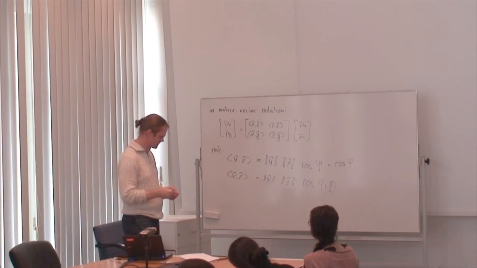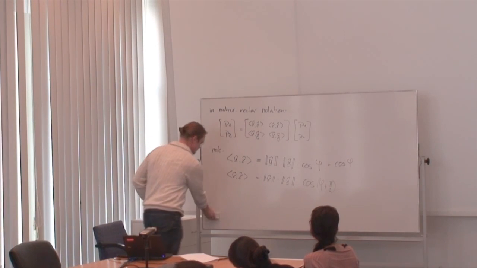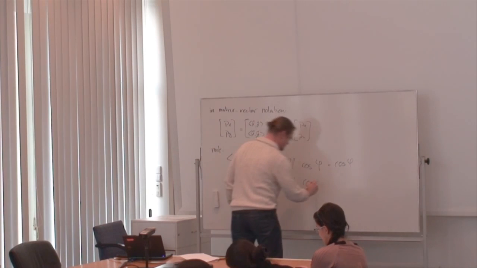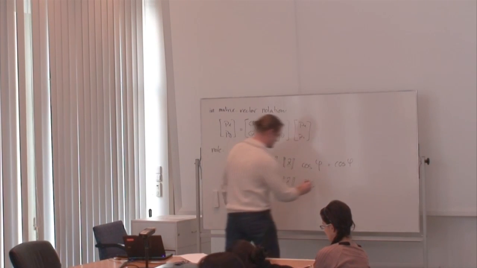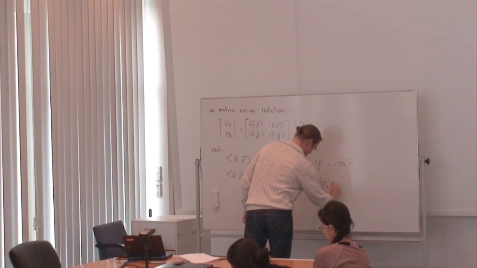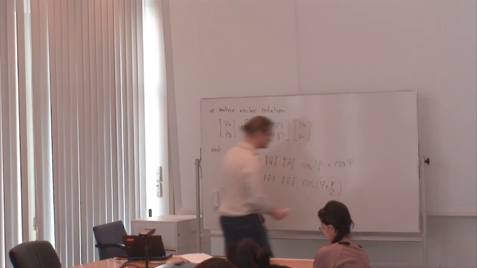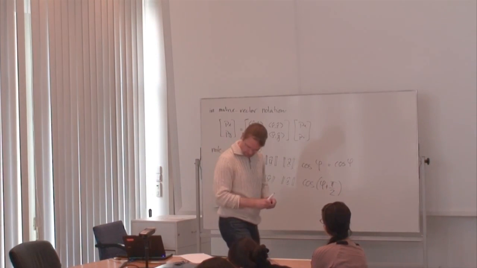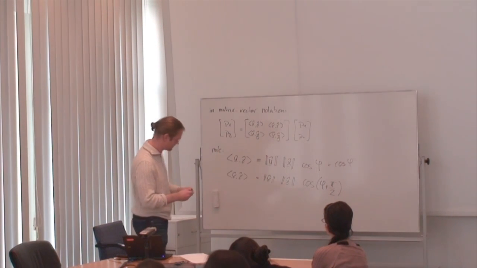Let me draw this again, it's not visible. The angle between v hat and x hat is phi plus pi over 2. Oh wait, minus.